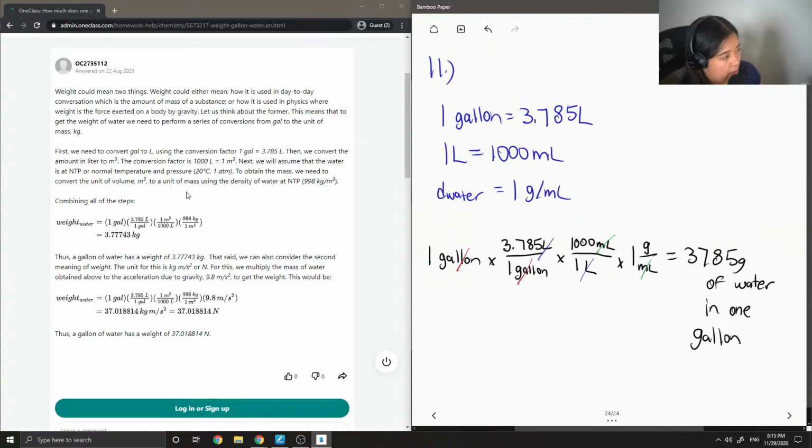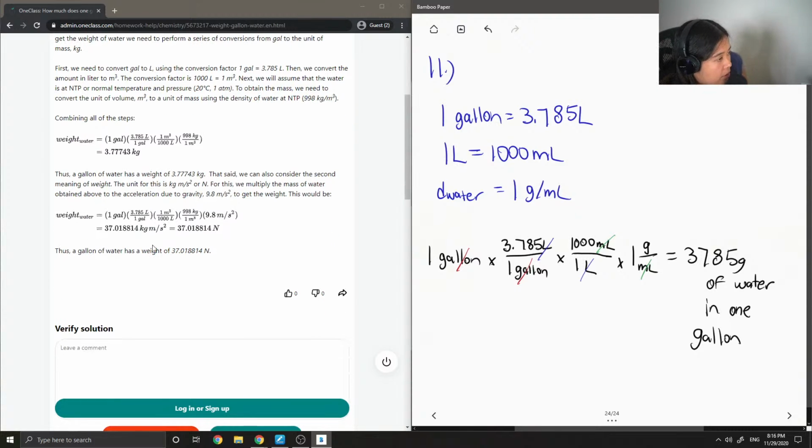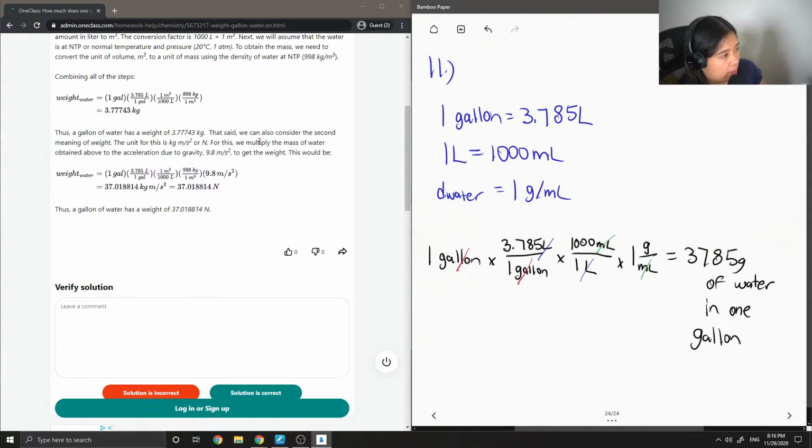So they combined all the steps and ended up getting 3.77743 kilograms. So this is pretty much similar to my answer as well. Thus, a gallon of water has a weight of 3.77743 kilograms. That said, we can also consider the second meaning of weight.